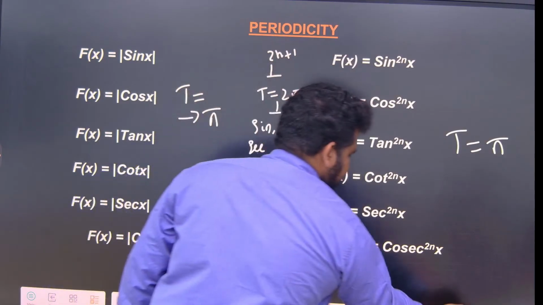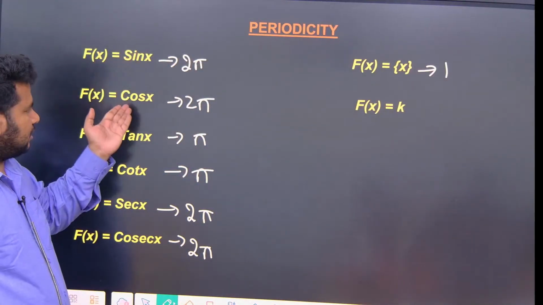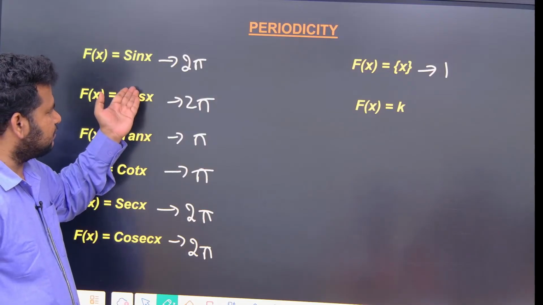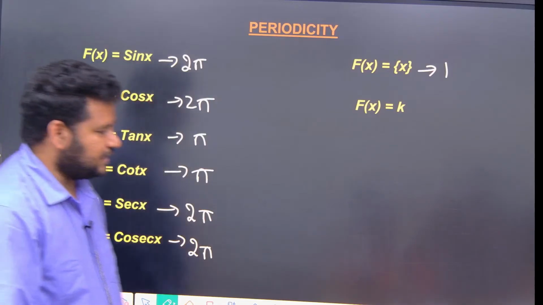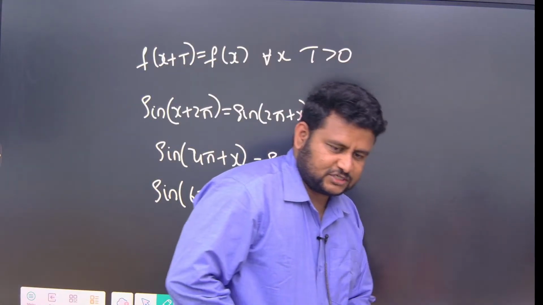For example, sine power 1, cos power 1, these are all odd, so this is 2 pi. Clear, no?